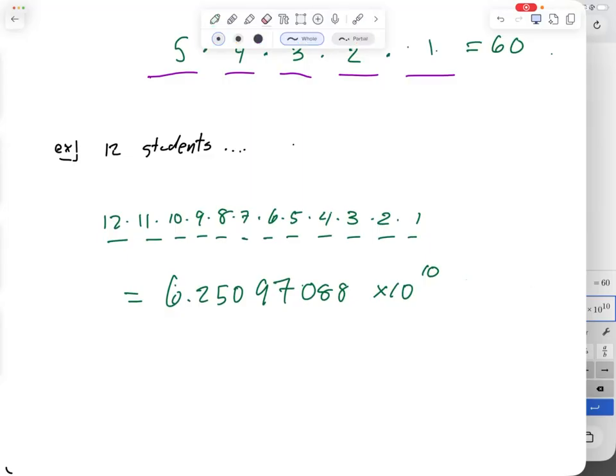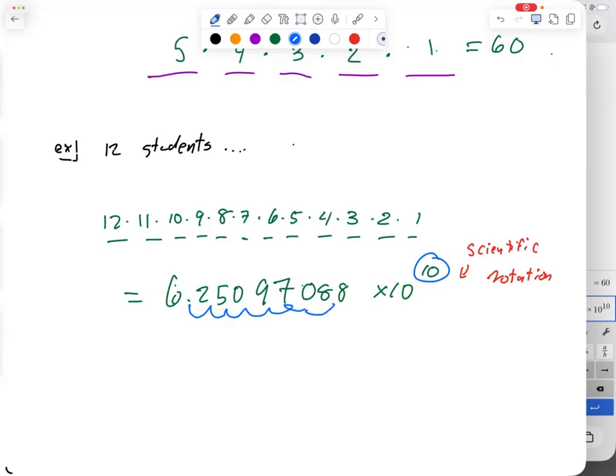Now, this is what is known as scientific notation. As a reminder of how to turn this into a regular number, this exponent tells me how many times I need to move the decimal over: 1, 2, 3, 4, 5, 6, 7, 8, 9, 10. The calculator doesn't show all the digits; it's rounding the answer.